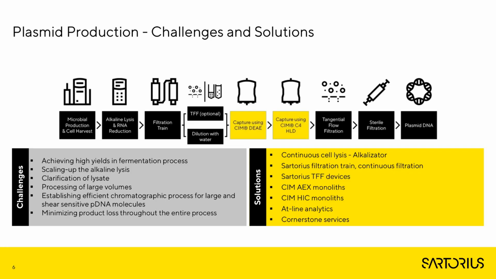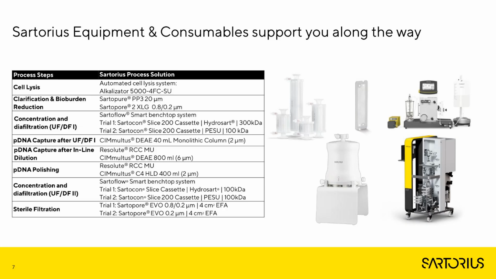And so I'll show now a couple of tools that we either developed or used to get to our desired goal. So highly pure, and by highly pure, I mean 98+% pure supercoiled DNA without endotoxin, without host cell RNA, and so forth. Some of the tools, so both equipment and consumables that we use and that you can use along the way, are widely available through our parent company, Sartorius.